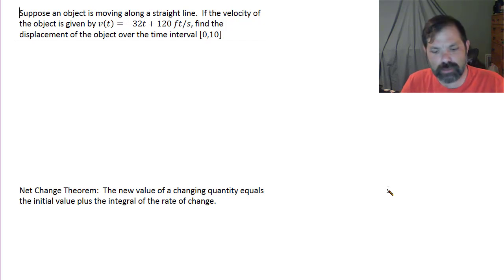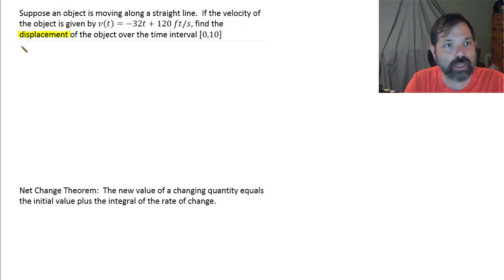Suppose an object is moving along a straight line. If the velocity of the object is given by v of t is negative 32t plus 120 feet per second, find the displacement of the object over the time interval. So displacement, if you're not familiar with that term, is an object's change in position over that interval.